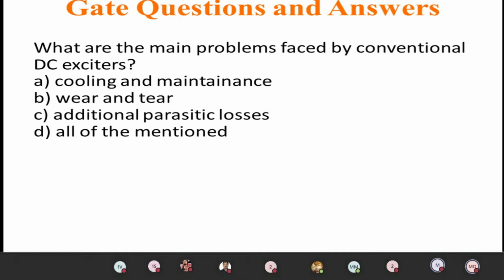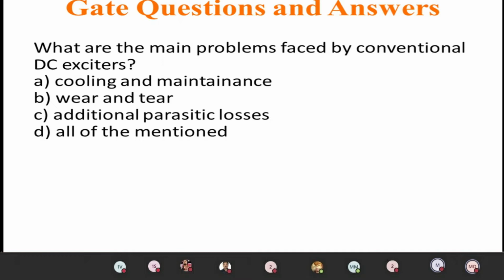So cooling and maintenance are separate. Another thing is wear and tear. A DC machine ultimately consists of a commutator, and in the commutator we use brushes. The brushes are always in friction with the commutator. Due to that, there is wear and tear between the moving part and the friction part.